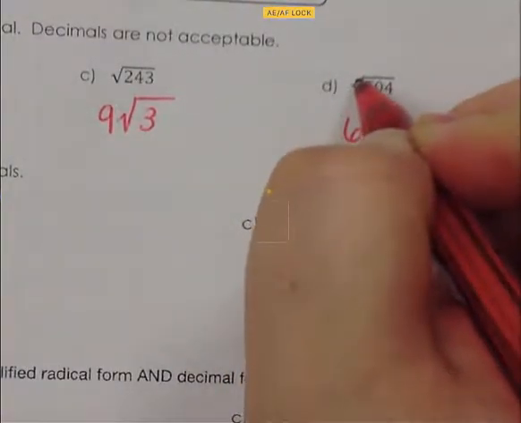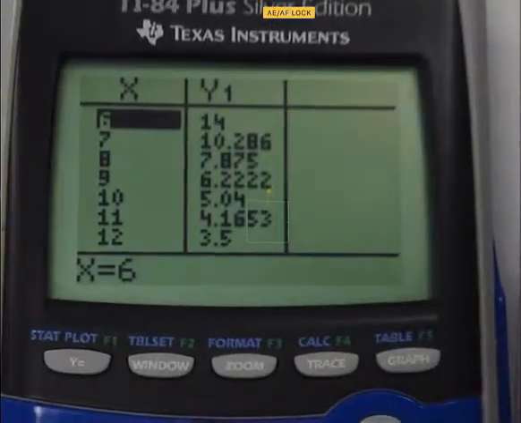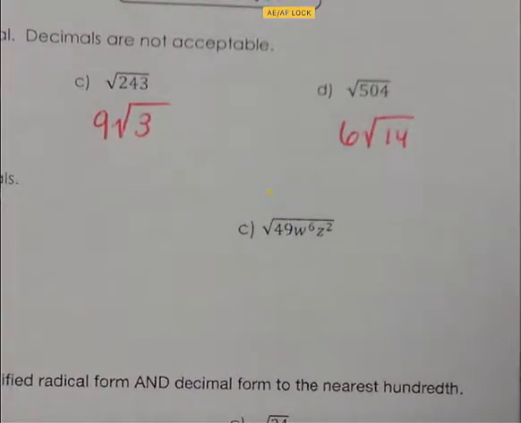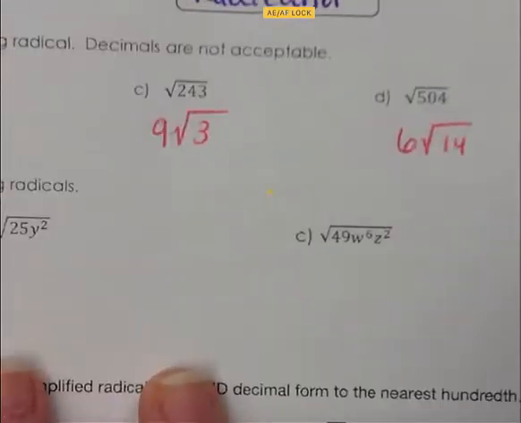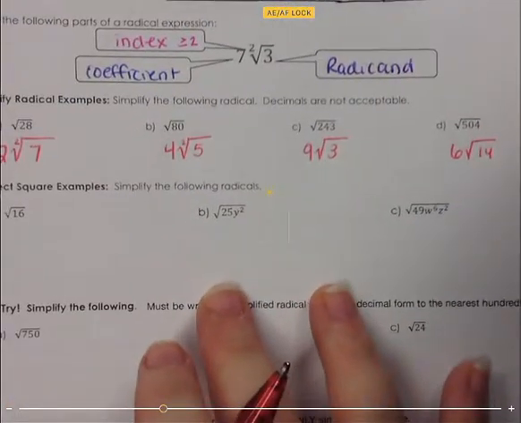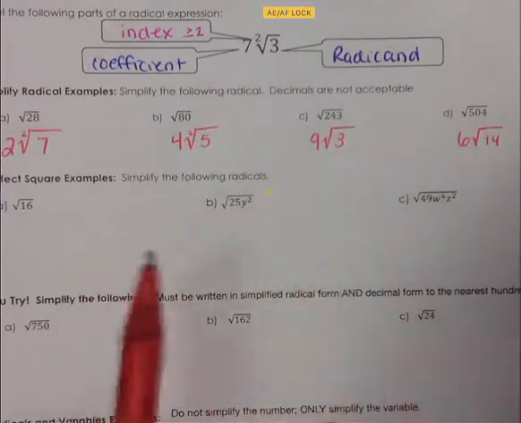Then we still have the square root because that was our index. And then our radicand was the 14. This is actually how you simplify radicals without giving decimal values. You just plug them into your y equals and find the coefficient and then your radicand.